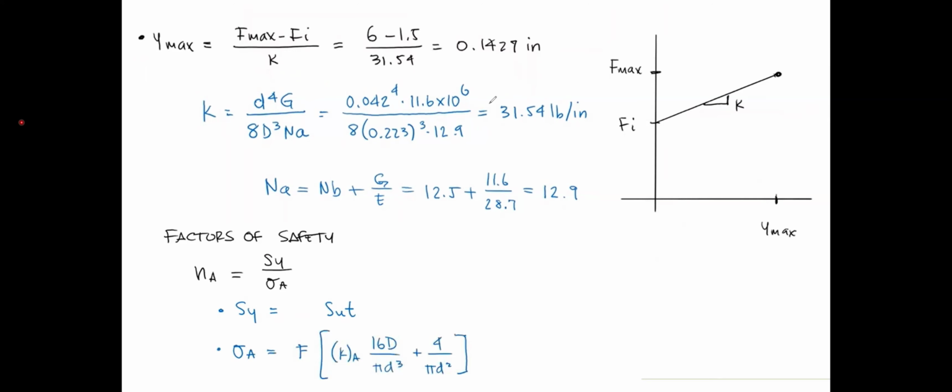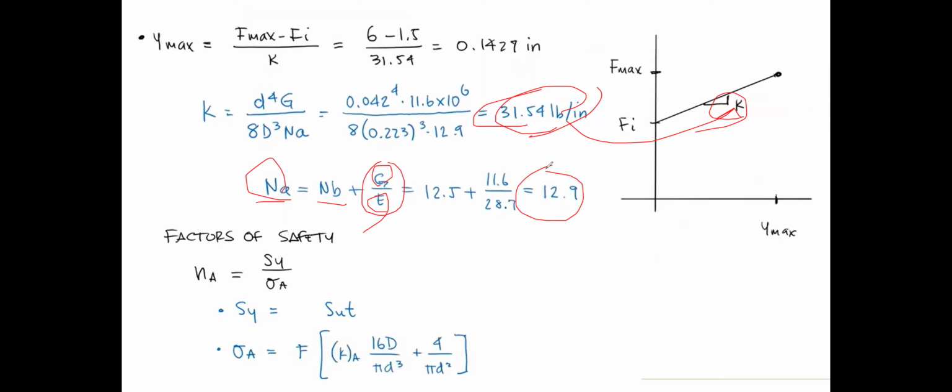This K is the slope of this F-Y diagram. The number of active coils equals NB plus the shear rigidity divided by Young's modulus. These two are material properties. So the number of active coils is 12.9.